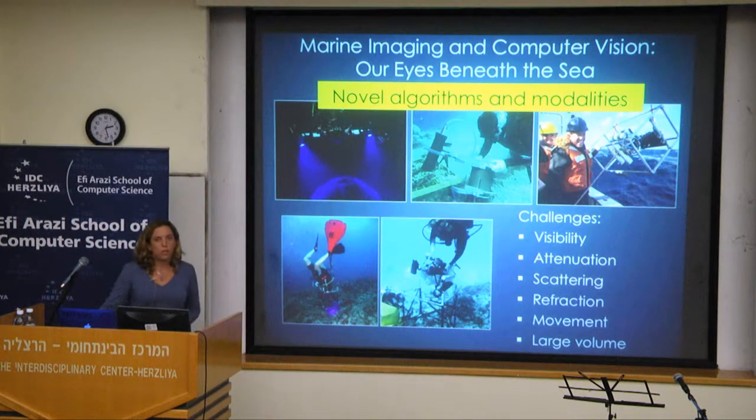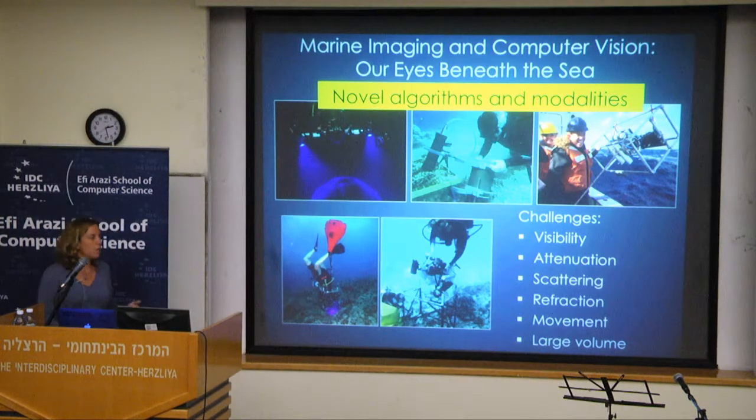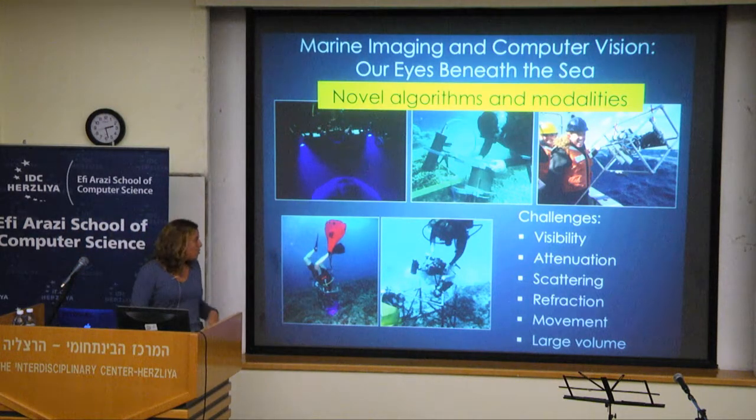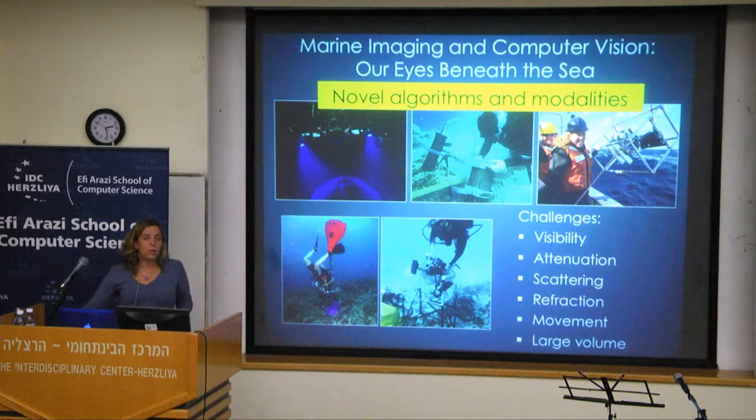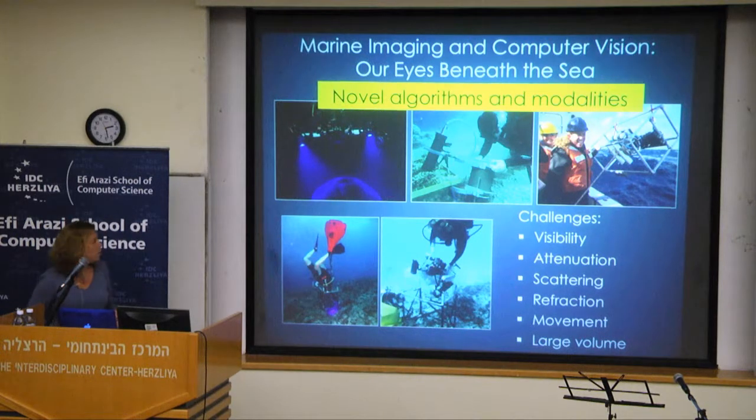I concentrate on building systems and algorithms that will work in situ. And here you see a few pictures of me deploying some of the systems I worked on in the past 4 or 5 years.